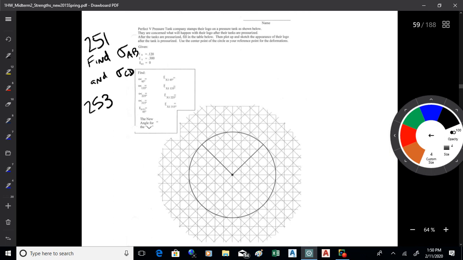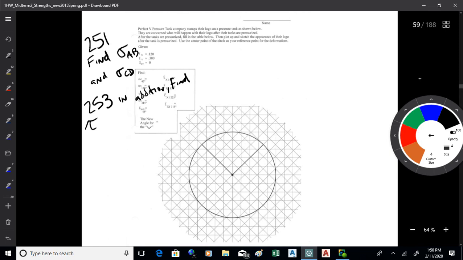And on that, I'd like you to do one extra thing. Find the shear stresses on the welds too. So find tau weld 1 and tau weld 2.